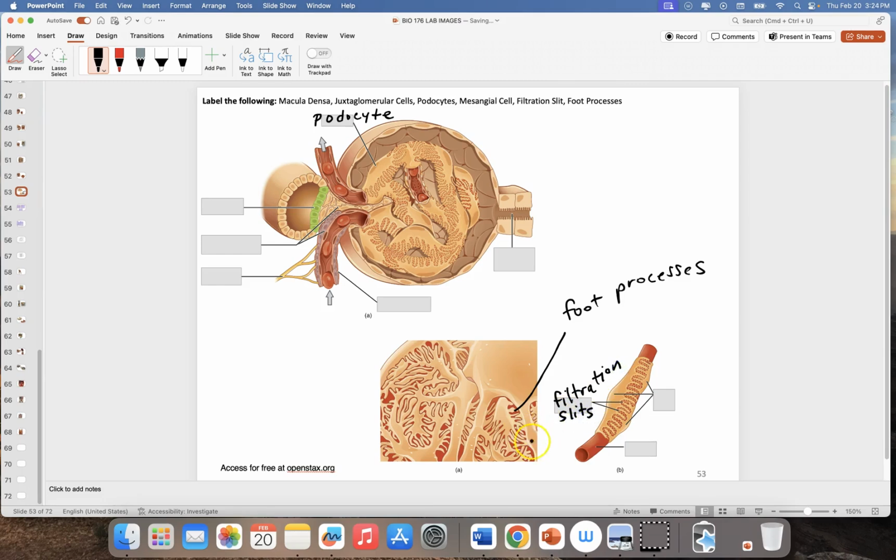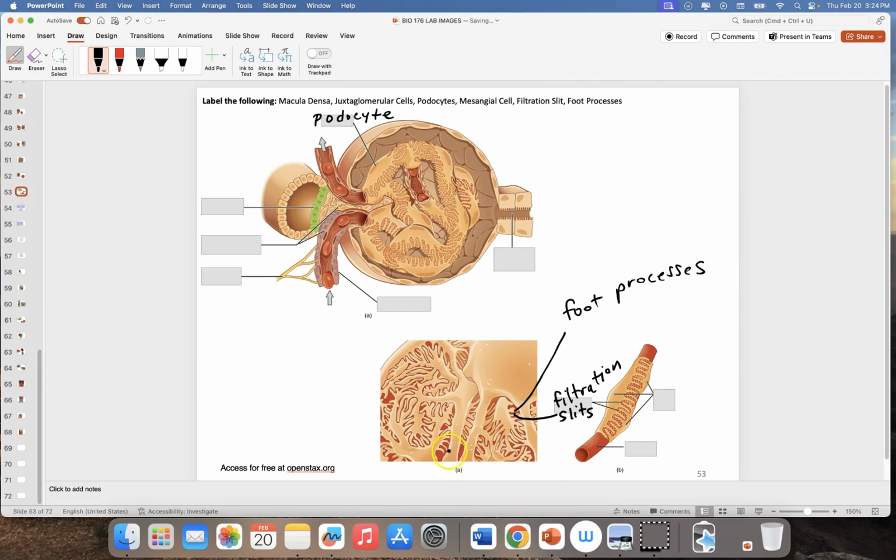Our filtration slits. And then we can even go ahead and draw one in, trying to find a good place to get one. We can even go ahead and draw one in from over here. Again, the extension is the foot process, and then the little slit here, that is going to be the filtration slits.